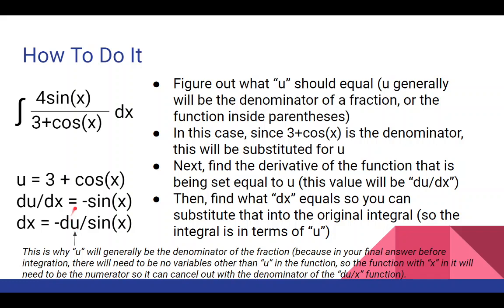And this is why u will generally be the denominator, because at the end of all of this, you're gonna want to have no x values left, just u. And so if sine of x is on the bottom of this fraction, then this is going to cancel out with the numerator here, and there won't be any x's left.